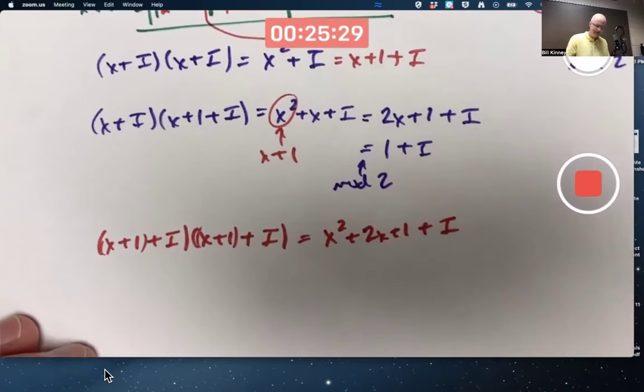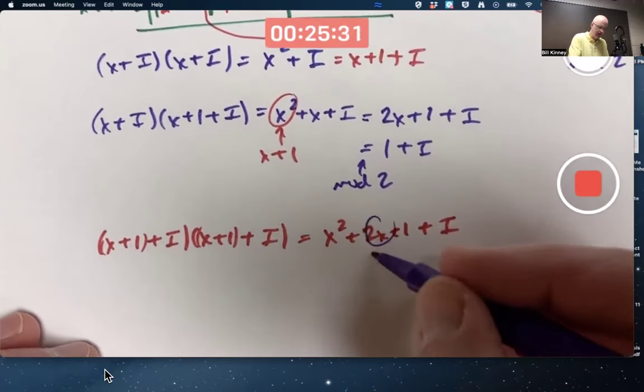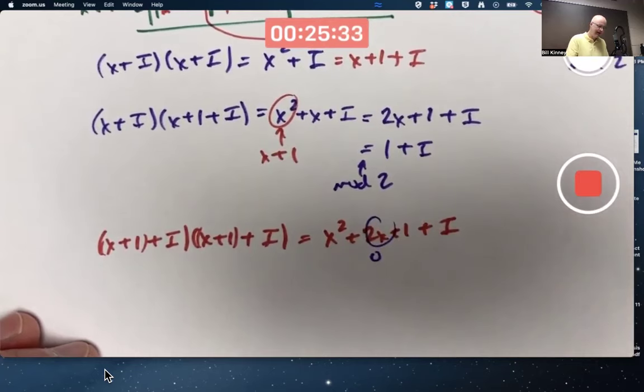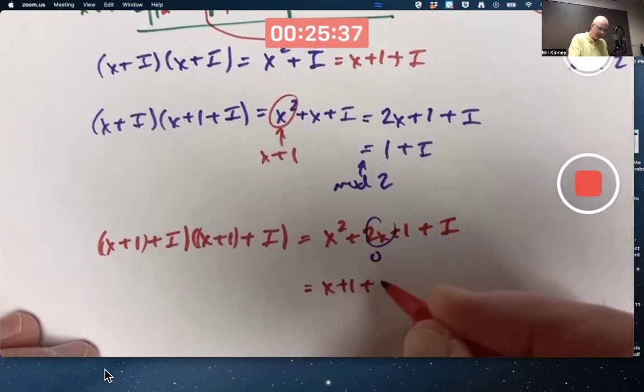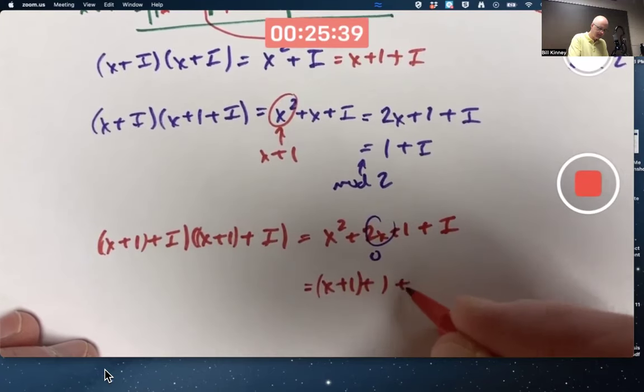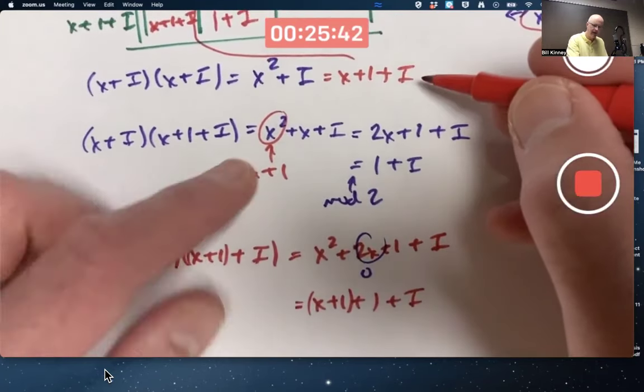But then 2x is 0 because I mod that coefficient by 2. x squared gets replaced with x plus 1, just like it did up here and up here.